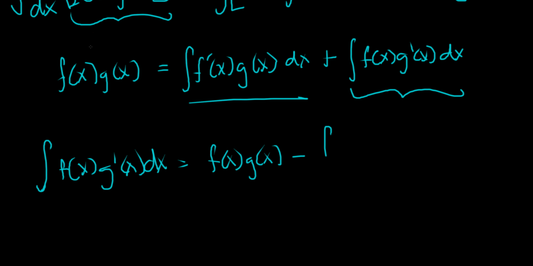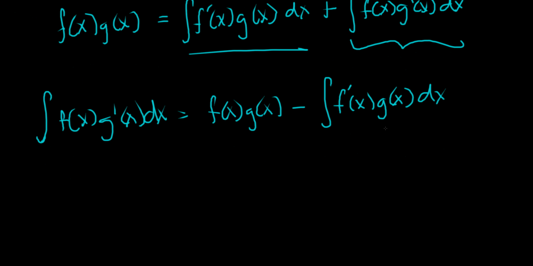Because I'm moving it to the other side. This is the integral of f prime of x times g of x with respect to x. This is the form that we had before.